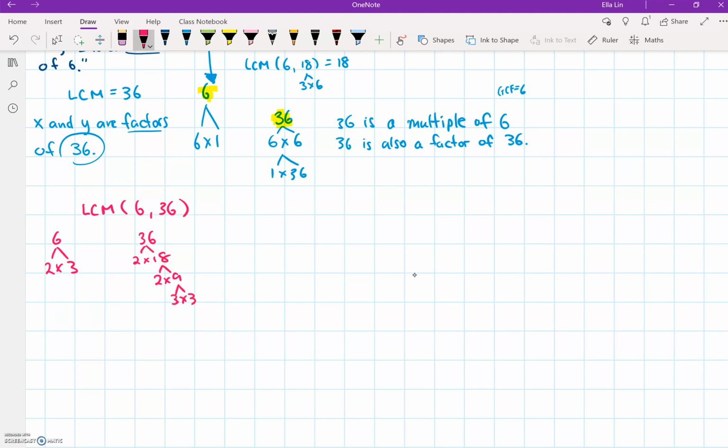Prime factorization of 6 is just 2 times 3, and prime factorization of 36 is 2 times 2 times 3 times 3. So for the lowest common multiple of the two numbers, I have 2 times 3, and that gives me 6.